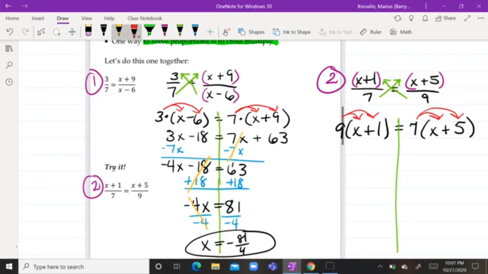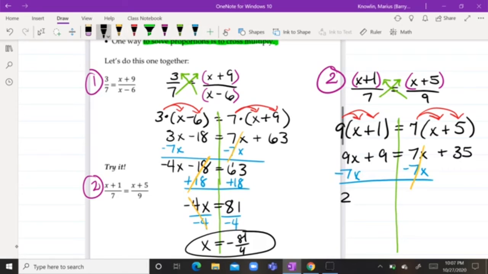So when I distribute on the left side, we get 9x plus 9. When we distribute on the right side, we get 7x plus 35. I like to move all my variables to the left, so then I'm going to subtract 7x from both sides. The 7x's cancel out. Now we're left with 2x plus 9 equals 35. Subtract 9 from both sides because the 9 is positive, so to get rid of it, we have to subtract.